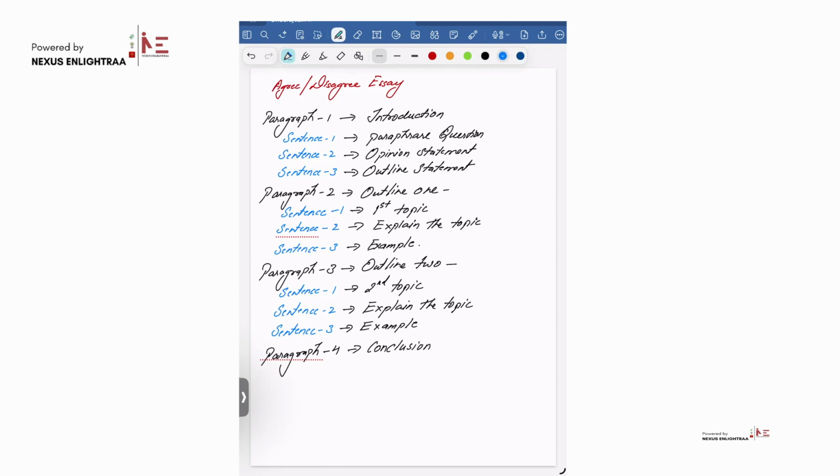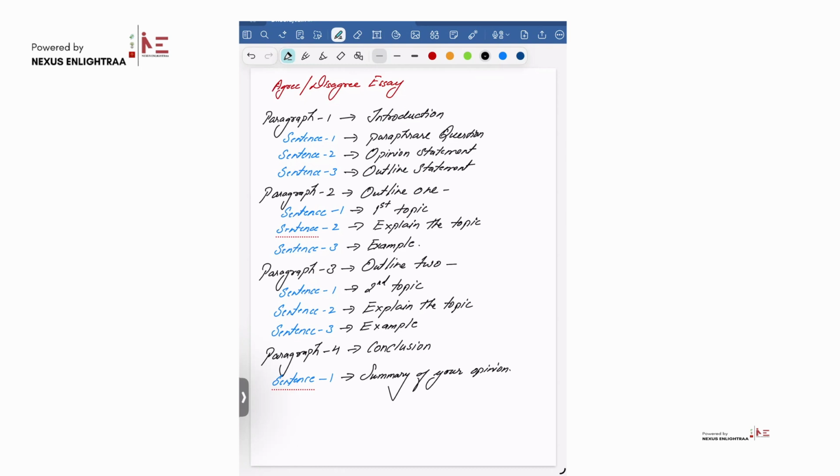In this, we'll have just one sentence, and that is summary. All right. Now, this is how you would write an entire essay.